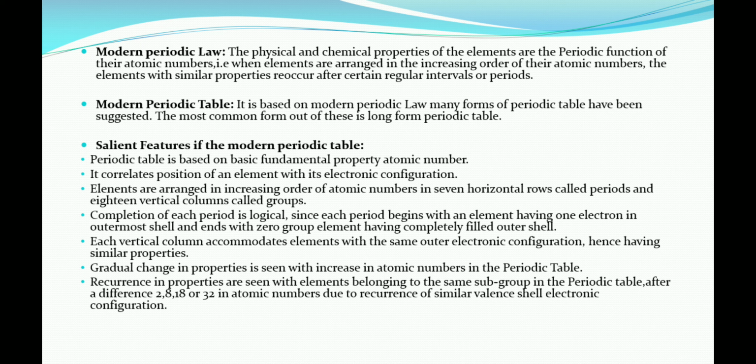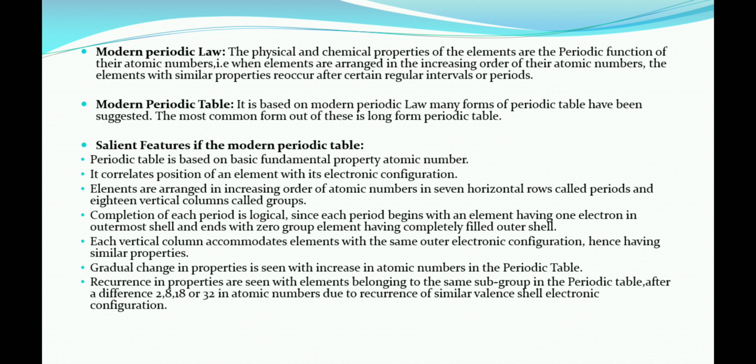Elements are arranged in increasing order of atomic numbers in 7 horizontal rows, which are called periods, and 18 vertical columns called groups. Completion of each period is logical since each period begins with an element having one electron in the outermost shell and ends with a zero group element having a completely filled outer shell.